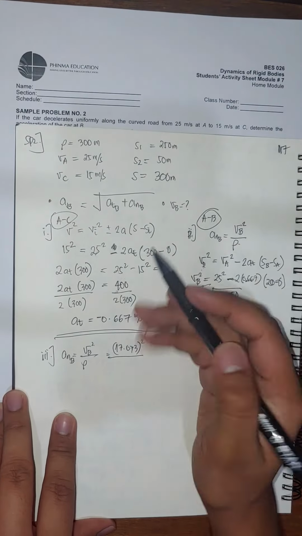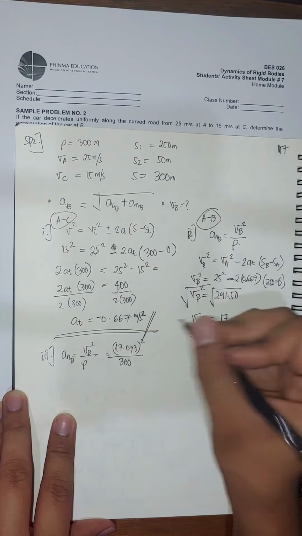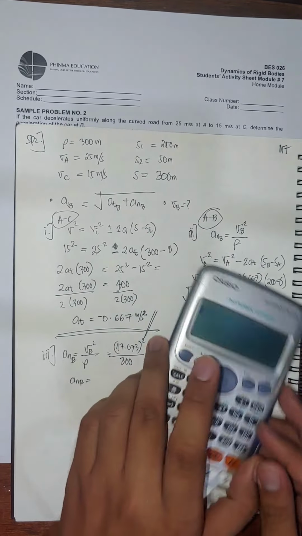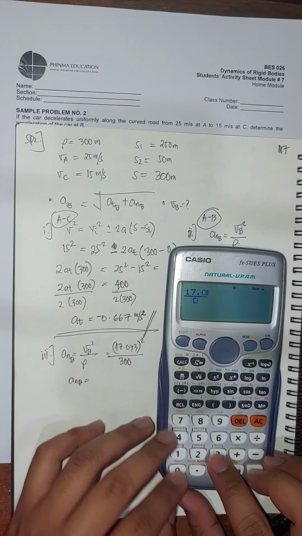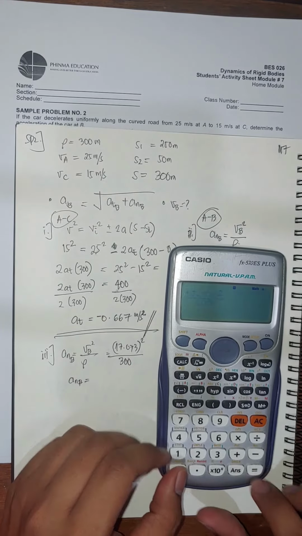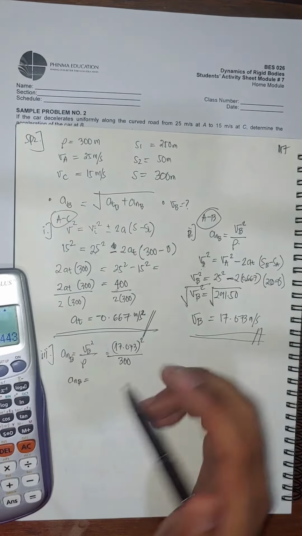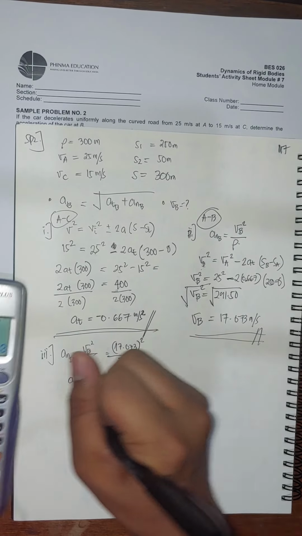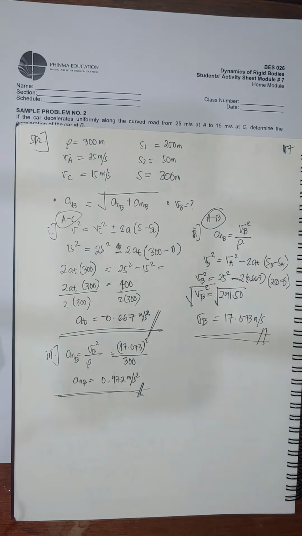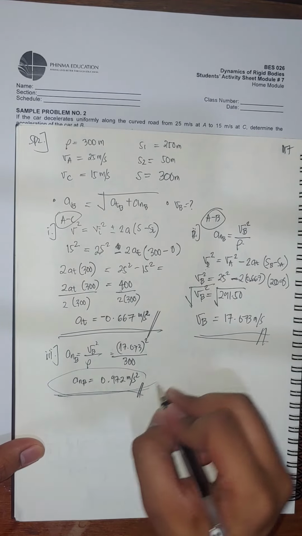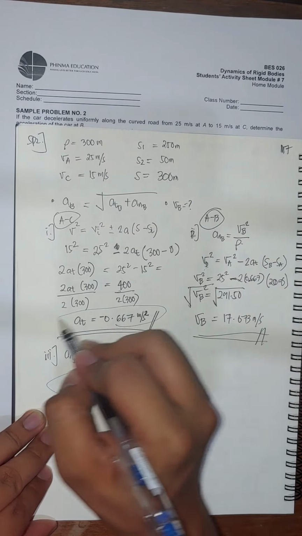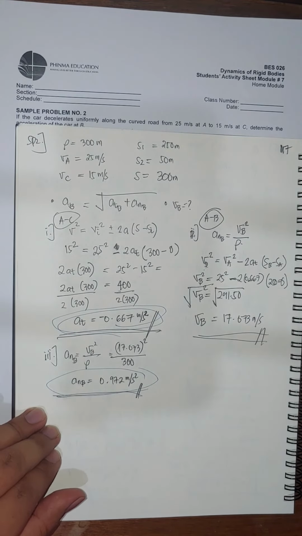So over 300 meters, we have a normal acceleration at B equal to 17.073 squared over 300, which is 0.972 meters per second squared.